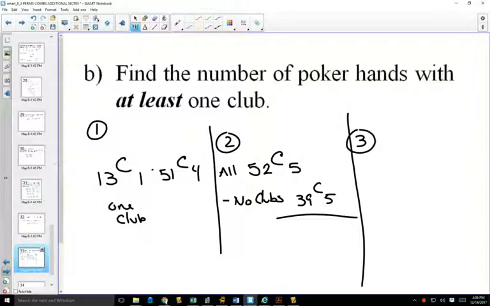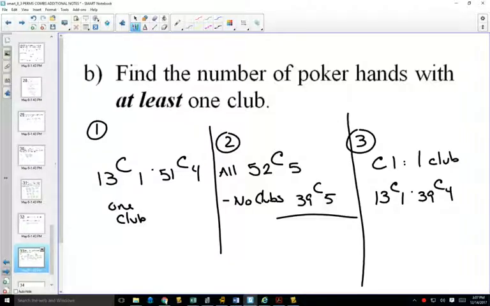Method 3. I'm going to do it in cases. Case 1, I'm going to count how many hands have 1 club. Well, that's like before. I'm going to choose 13 choose 1. And from the other 39 cards that are left, I'm going to choose 4 of them. And that will count how many hands have exactly 1 club.